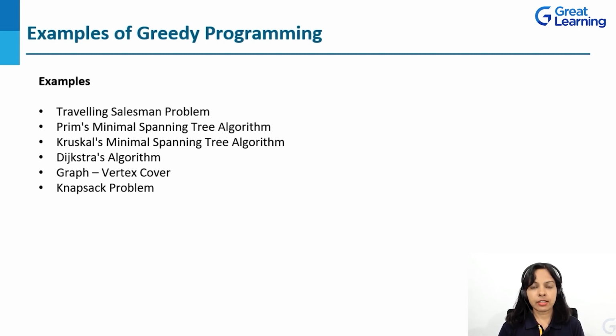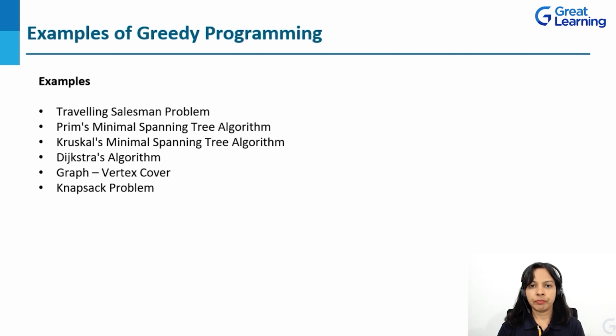Similarly, graph vertex cover. Graph vertex cover is a set of vertices in a graph such that at least one endpoint of every edge in the graph is in that set. So the set of vertices which covers at least one endpoint of each edge in a graph comes under vertex cover. And the basic concept behind finding the vertex cover is also greedy programming.